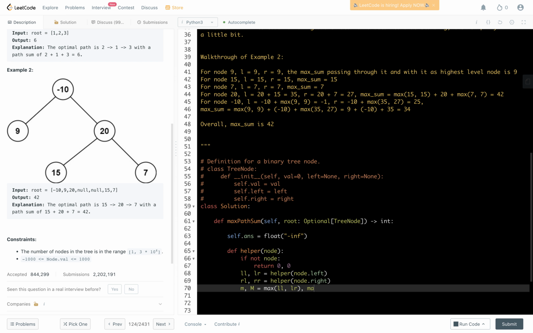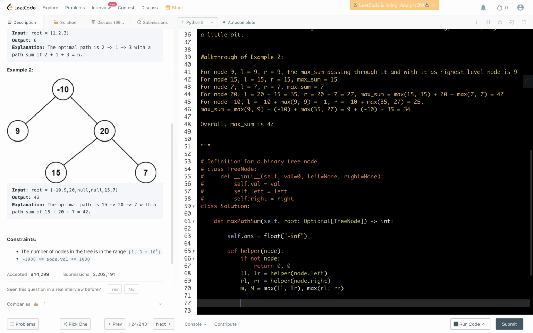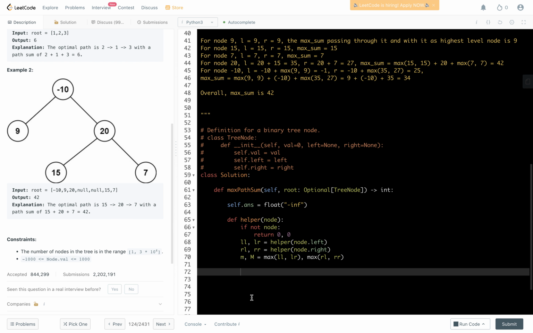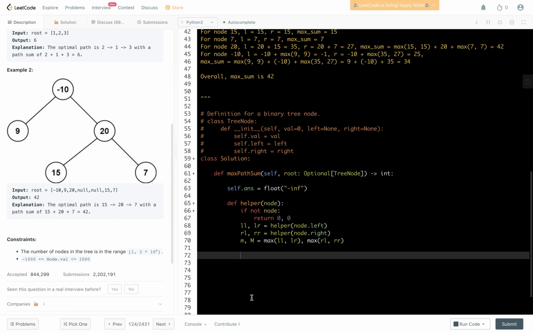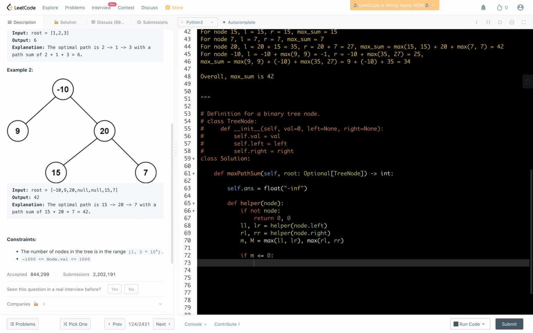First, I'm going to call this little m and capital M, being the max of the left subtree information and the max of the right subtree information. With that done, let's follow the above analysis to write the verbose code, and then we simplify. First, I'm going to consider the case where little m is not positive.